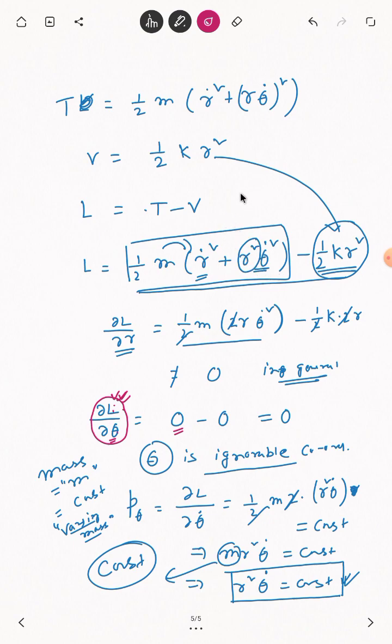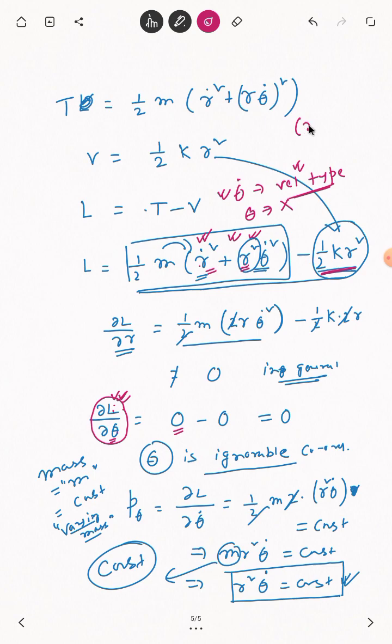Take a look at the fact. Here theta dot means a velocity-type quantity, angular velocity. Velocity is in the kinetic energy portion, but theta is not here. Similarly, r is here and r dot is here, so when we consider r as the coordinate, velocity is here, and r is also here.